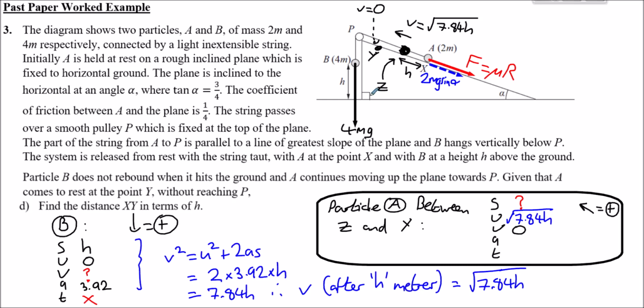Again, the time, I don't know and I don't care, so we're going to cross off the time. Now the acceleration will be negative, it will be a deceleration. A will be slowing down. So the acceleration is based off mu r plus 2 mg sine theta.